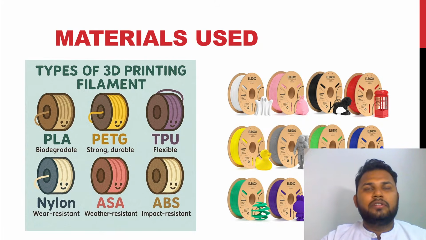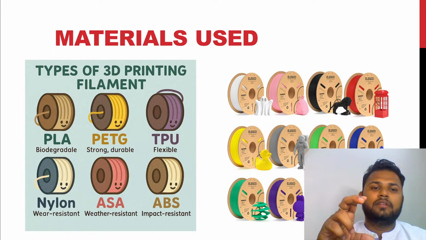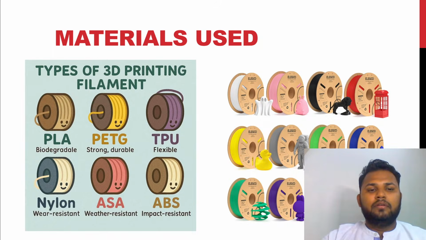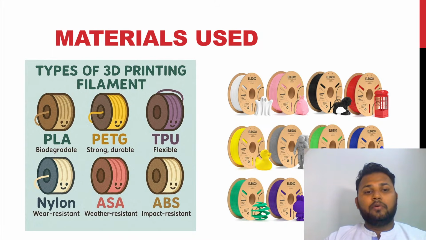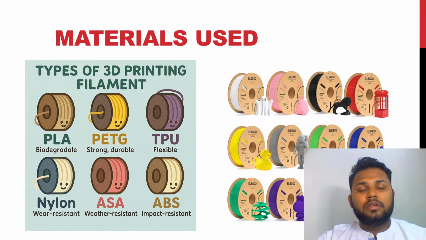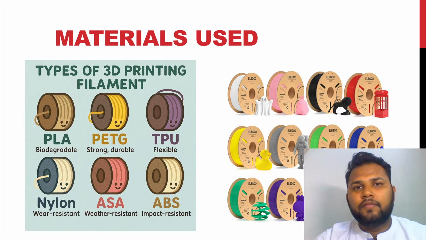ASA is weather resistant. You can put any kind of case made of ASA outside the room, and it will be weather resistant. So if we ask about the strongest material, which is not among these six, the material is PEEK, polyether ether ketone, and its melting temperature is 450 degrees centigrade.